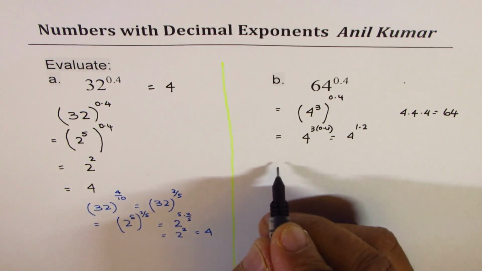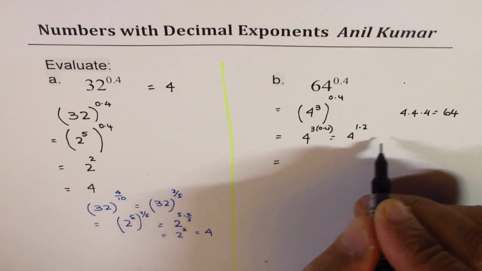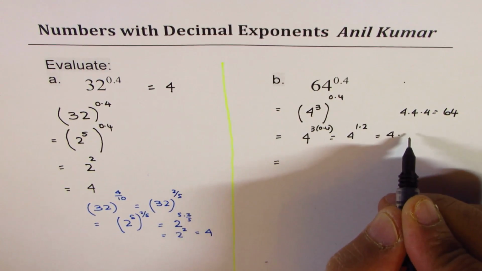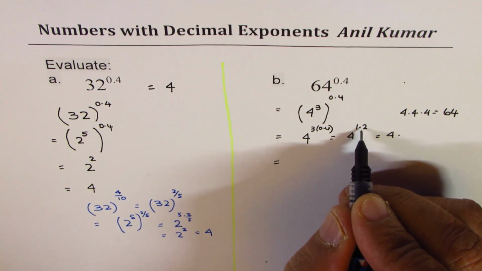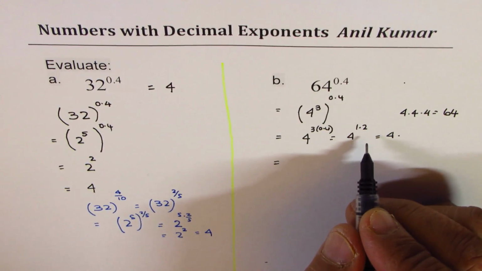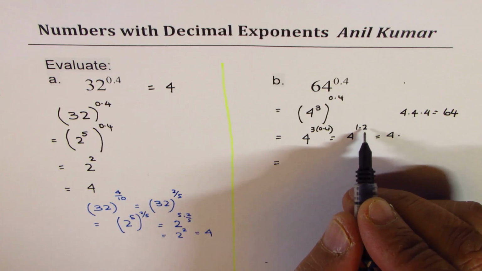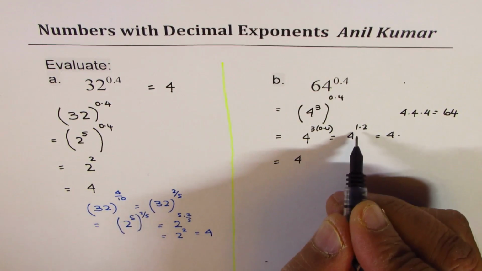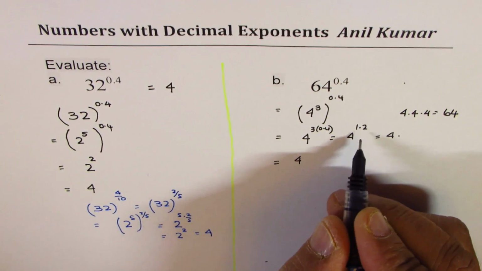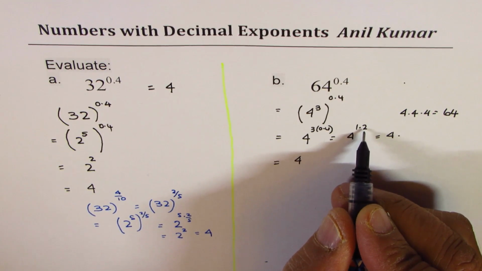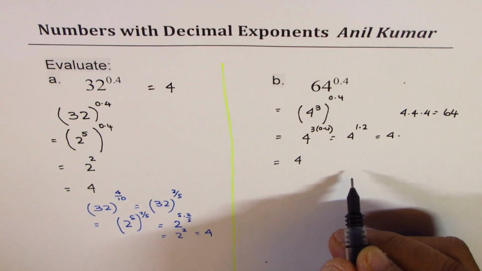So in a way, what I get here is 4 wholes, right? This is like 4 times 4 to the power of 0.2. So 0.2 means what? 2 over 10, right?